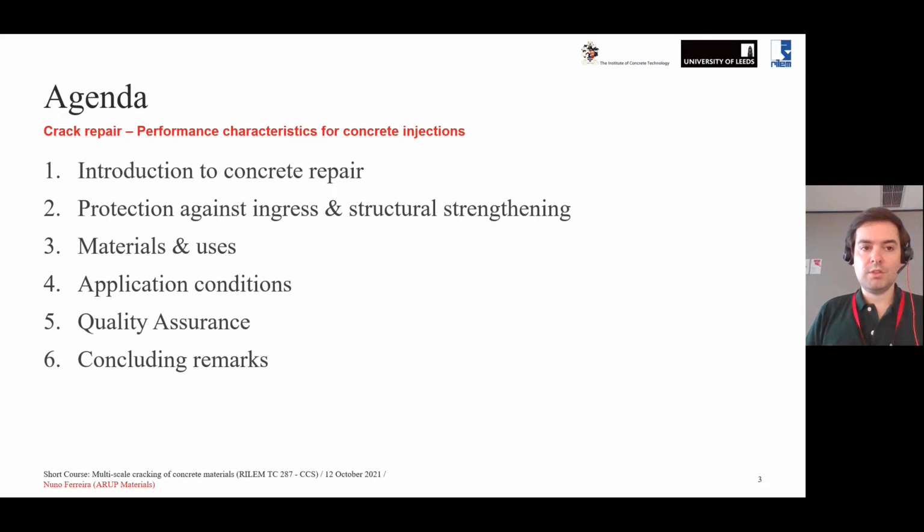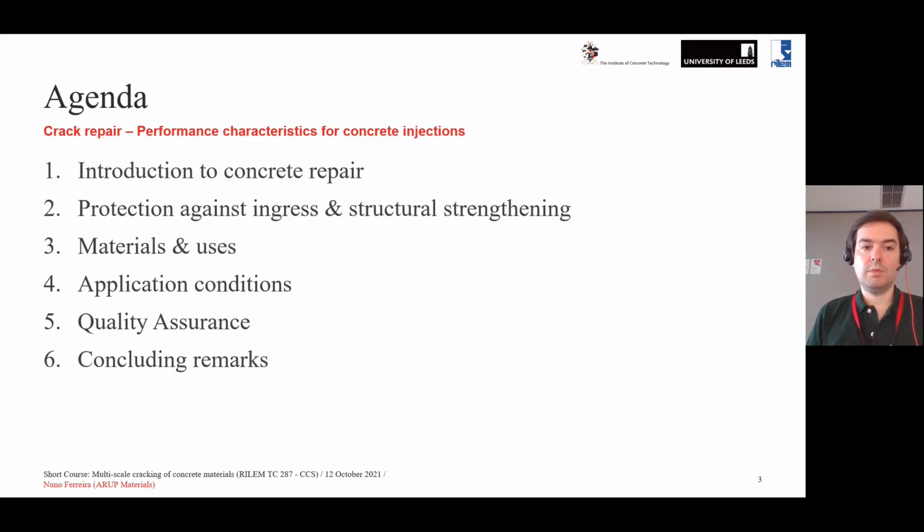In terms of agenda, we will first of all discuss the basics of concrete repair and how concrete repair is introduced in the European normative framework, which is the EN 1504.